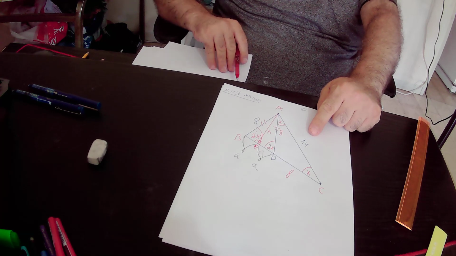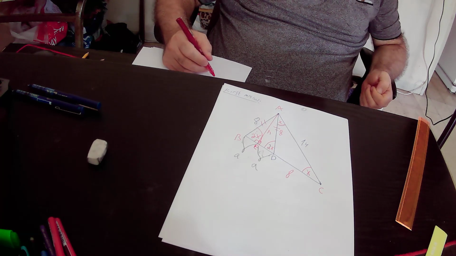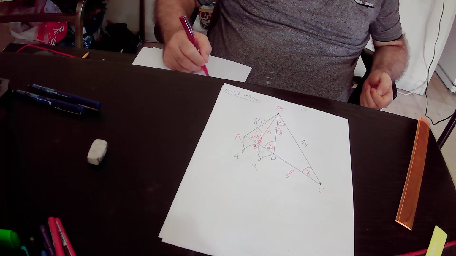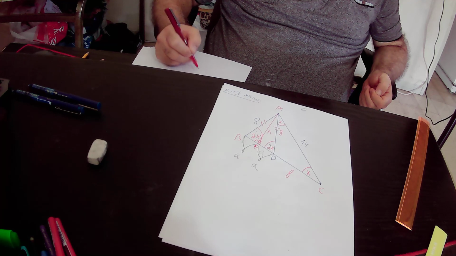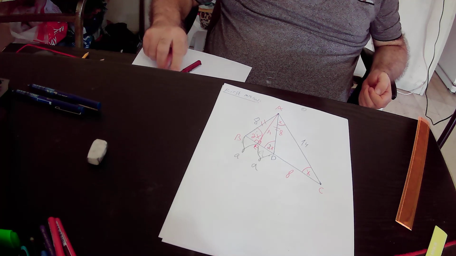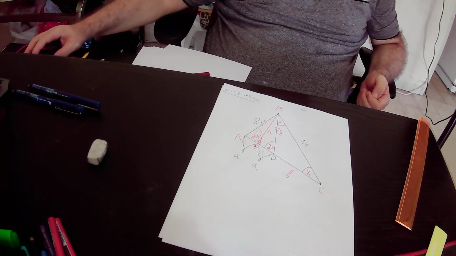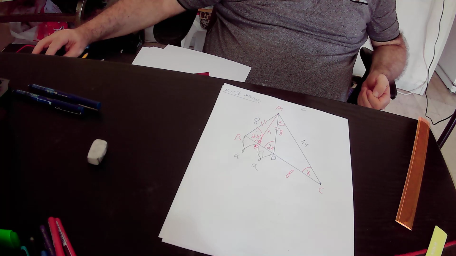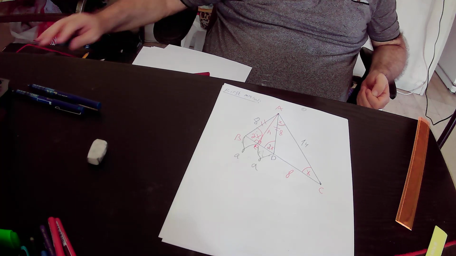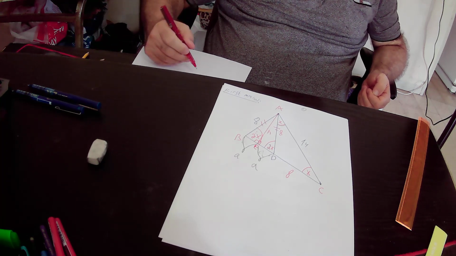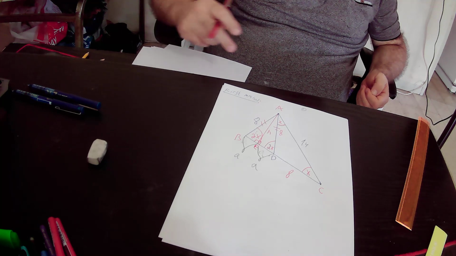So AC square is 14 square, that is 196, equals AE square.